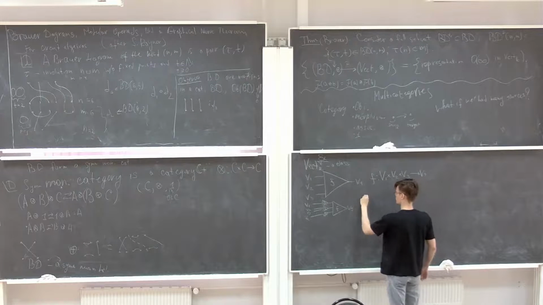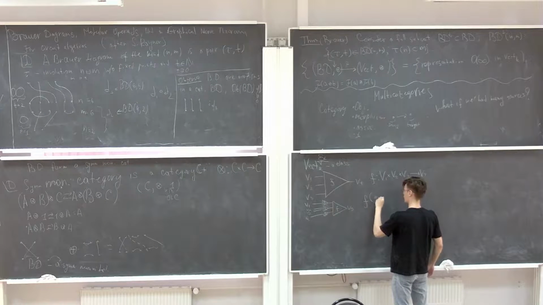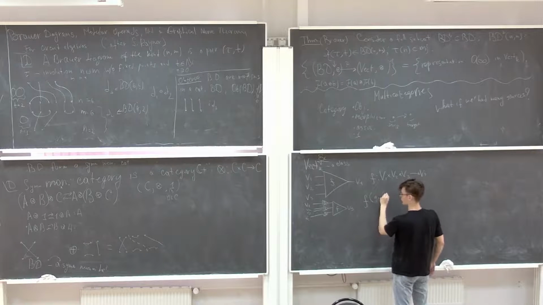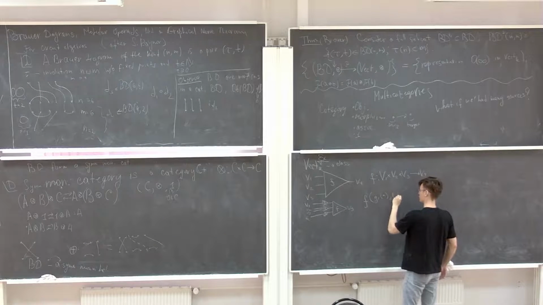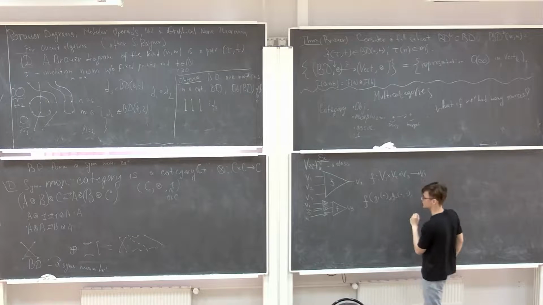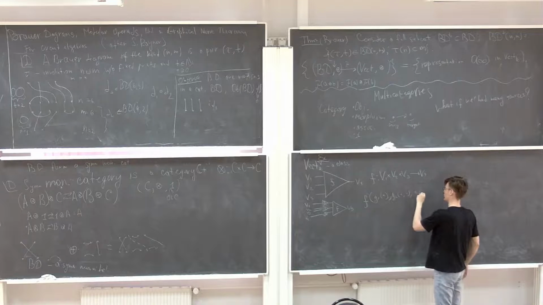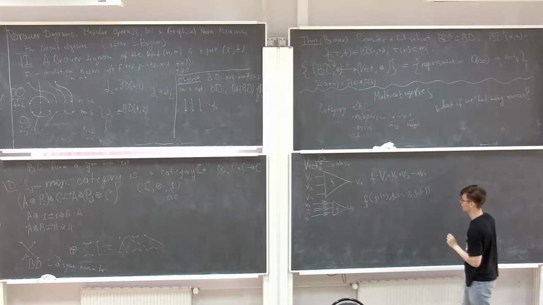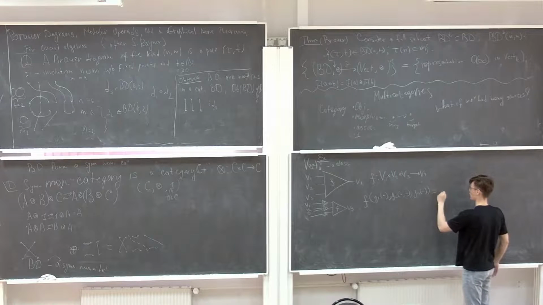So this is F of G1 of 1 argument, G2 of 2 arguments, and G3 again of 1 argument. We can write it in another way as a composition.